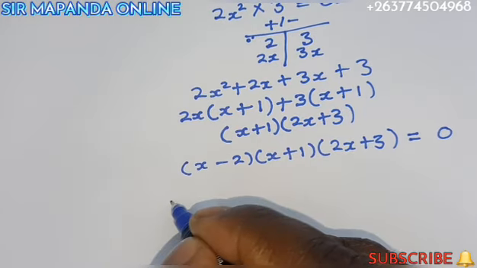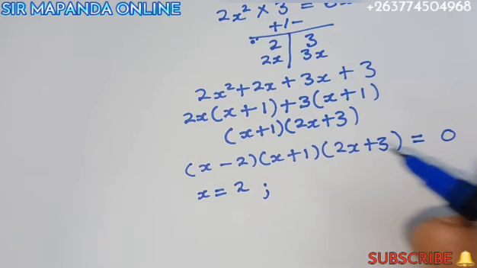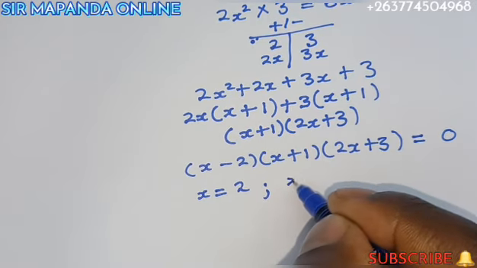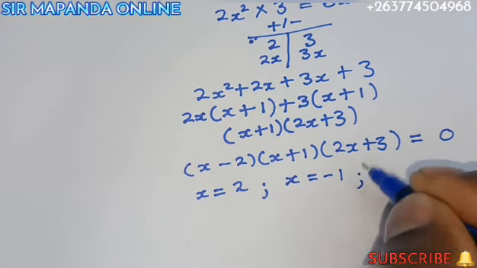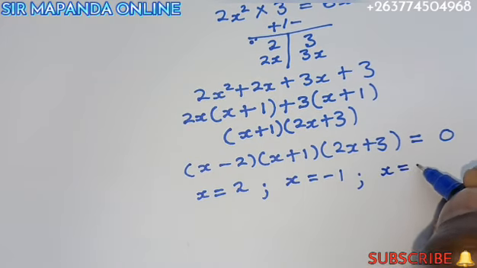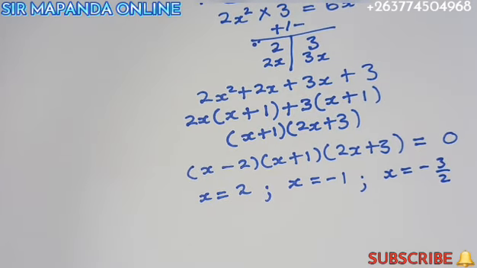So this bracket is going to give us the solution, x is equal to 2. Then this bracket gives us x is equal to minus 1. And this bracket gives us x is equal to minus 3 over 2. So this is how you solve it.